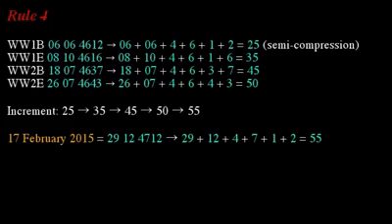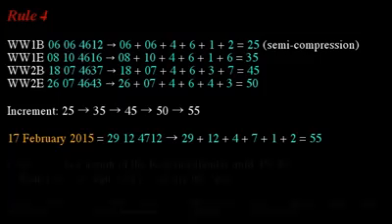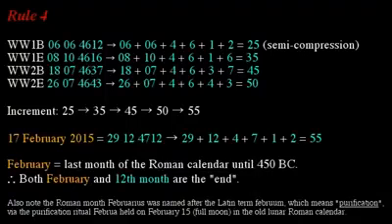Note that for World War III, the number must increment to 55, which the 17th of February 2015 satisfies. Also note that January and February were the last 2 months added to the Roman calendar, and February remained the last month of the year until 450 BC. So, both February and the 12th lunar month are literally the end.